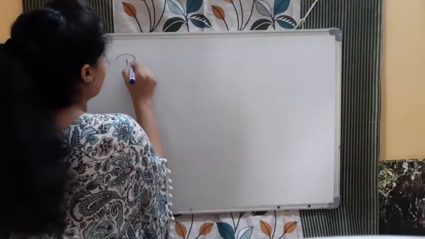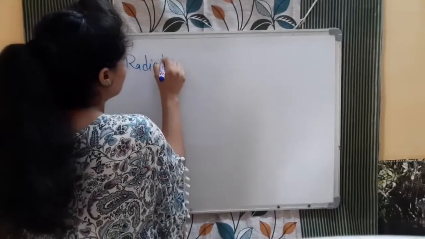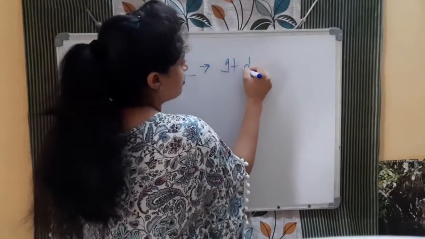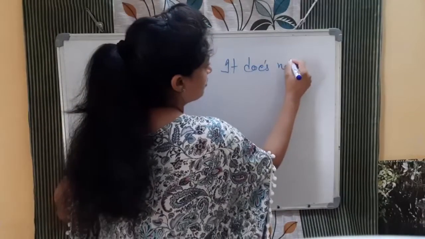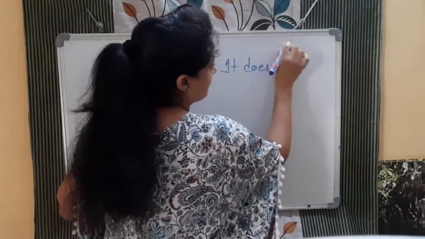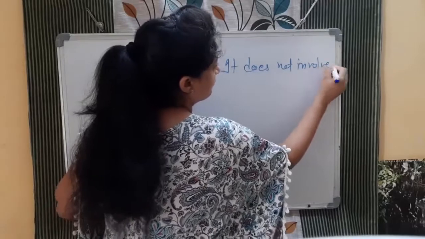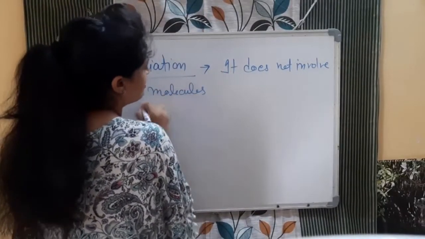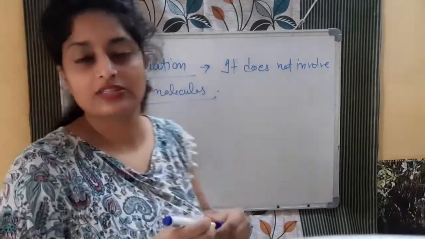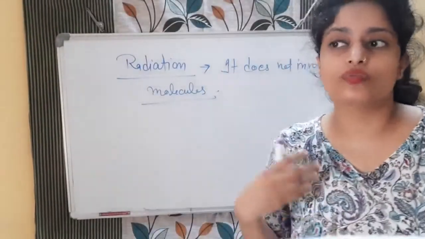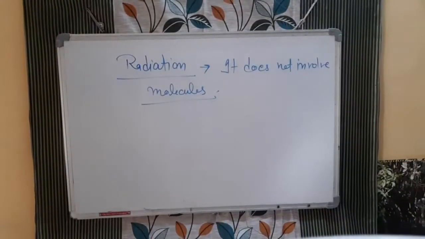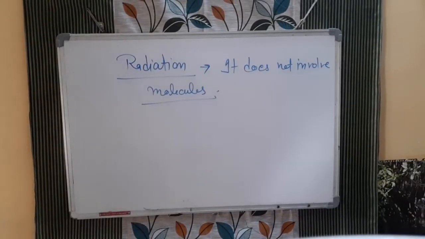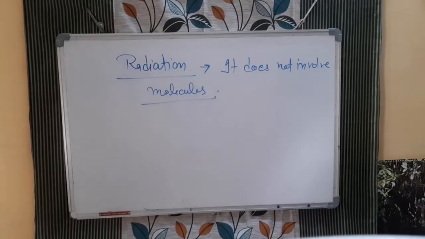In the radiation method, it does not involve molecules. It can happen in a vacuum also. It is a simple process in which heat is transferred from one body to another without involving the molecules of the medium.